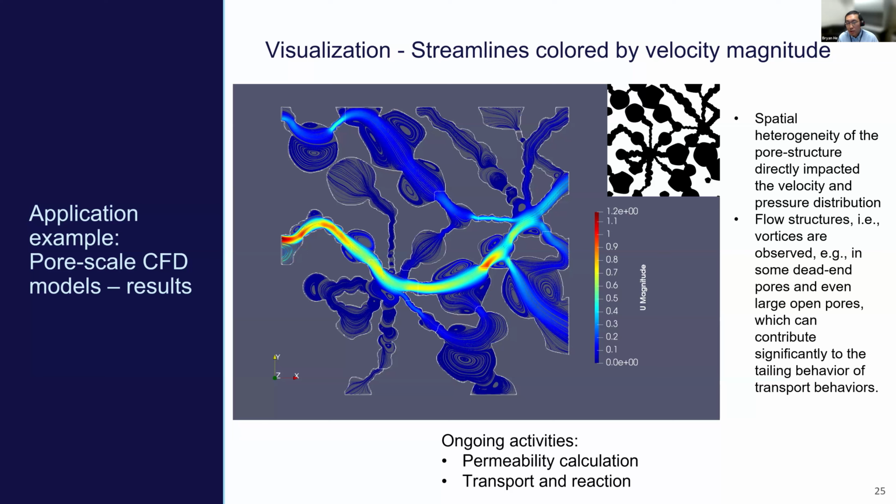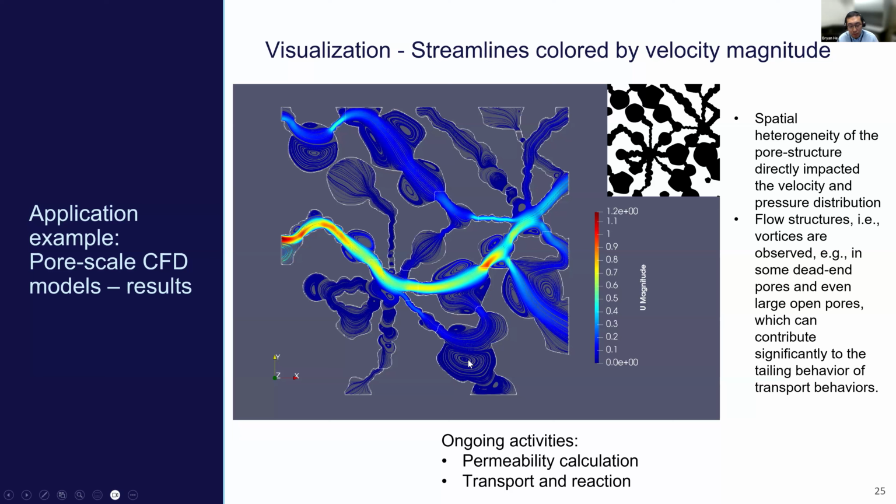Another thing that is interesting to see is we see a lot of vortices that distinguish the flow structures in the domain. For example, in these pores and in these pores. So we saw those vortices in dead end pores, that's for sure, like this one.